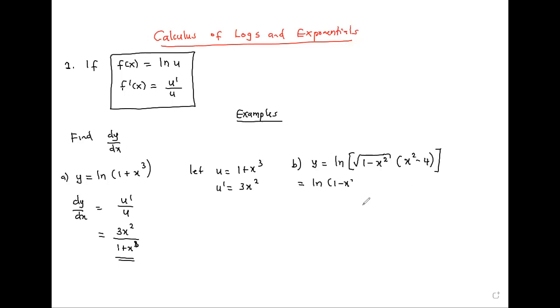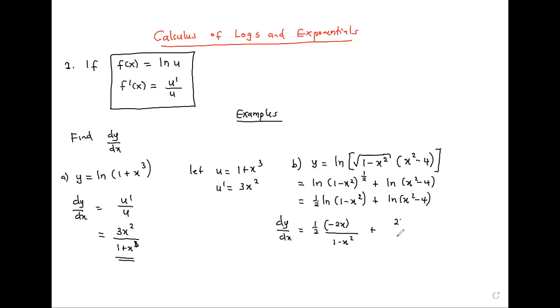Another example, if you are given y is equal to ln of square root of 1 minus x squared, multiplied by x squared minus 4. Instead of using the product rule inside as we differentiate u, we can apply the laws of logs, where I can write y as ln of 1 minus x squared to the power half, since I'm multiplying, plus ln of x squared minus 4.